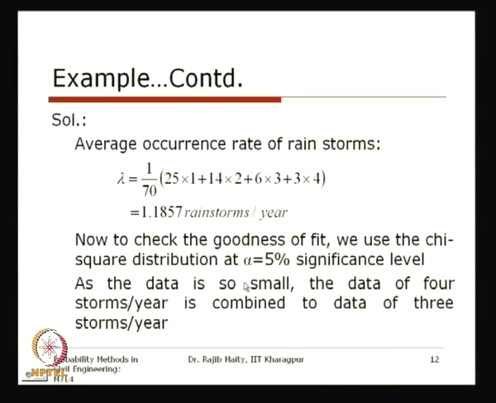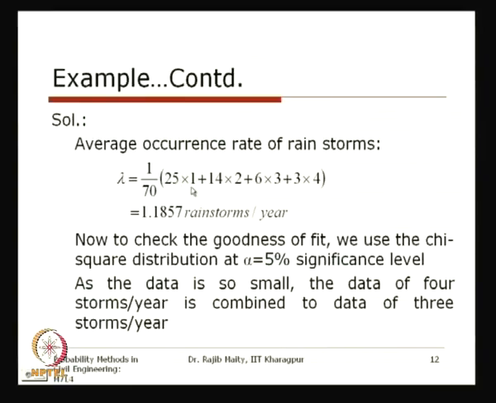Now you see the Poisson distribution has one parameter, lambda, that we have discussed in earlier modules. That parameter lambda is the mean rate of occurrence, so the average occurrence rate. To calculate the average occurrence rate of rainstorms, we have seen that there are 22 years where there is no rainstorm, so 22 multiplied by 0, basically the first term.